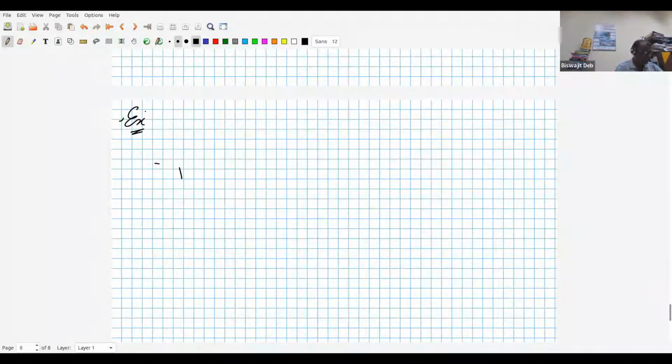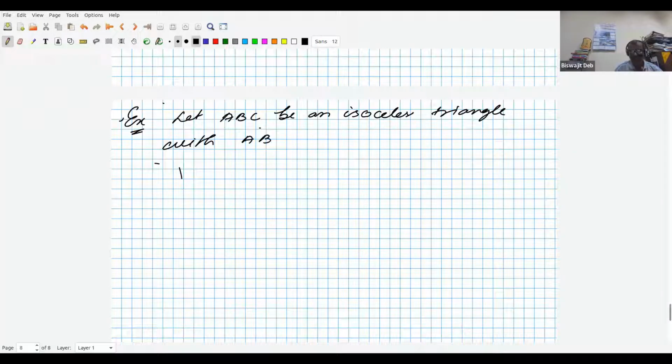Take this problem. Let ABC be an isosceles triangle with AB equal to AC. So these two sides of this triangle are equal.